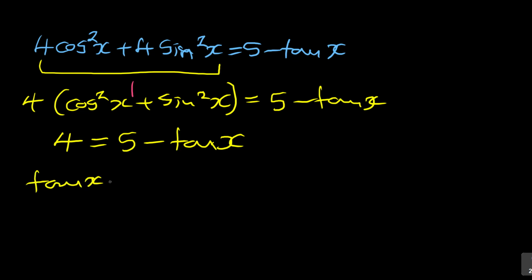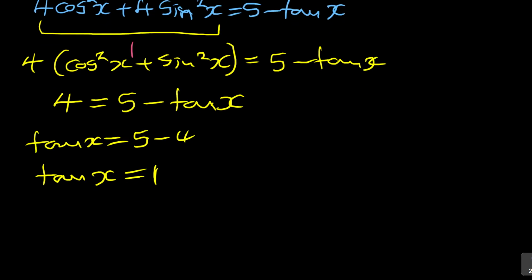So tan x is equal to 5 minus 4, which is equal to 1. Then what do I do here? I do the inverse tan to get the value. So x is equal to arctan 1.